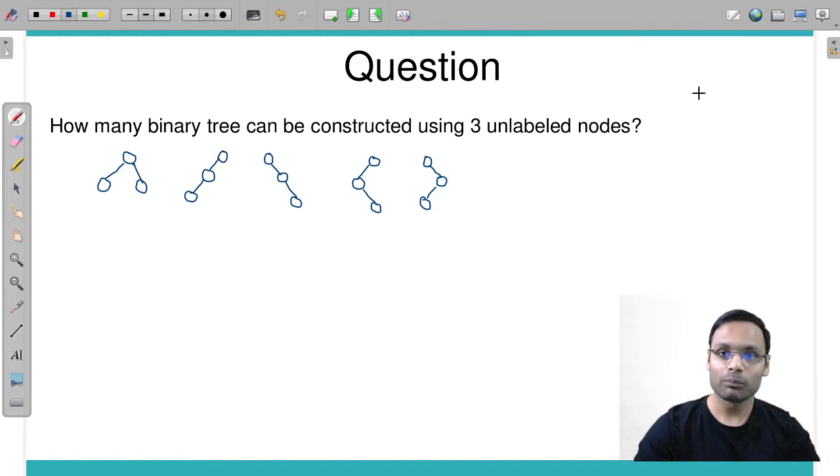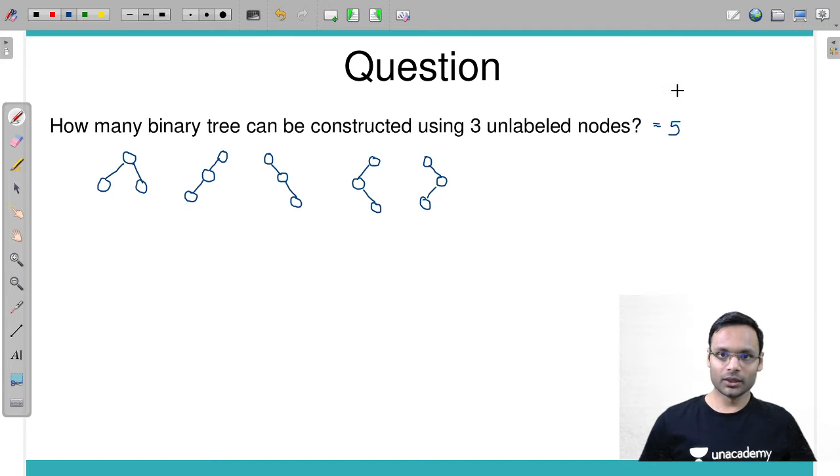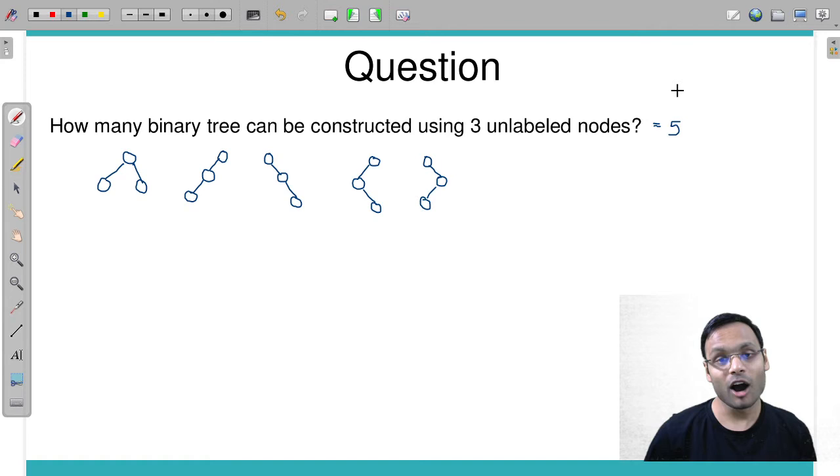In total, 5 trees you can have using 3 unlabeled nodes.